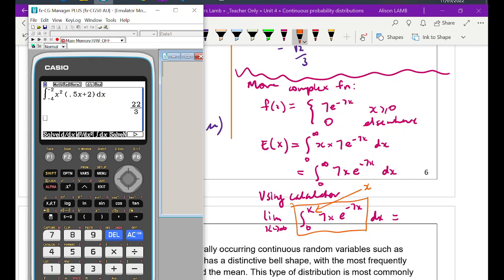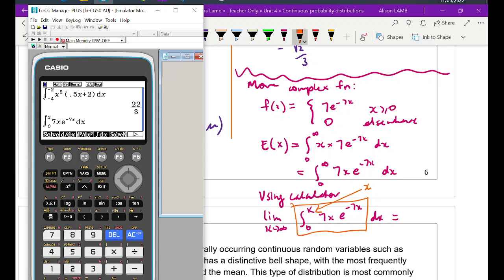So let's have a look at that. We want to integrate 7x e to the power of negative 7x, between 0 and x.